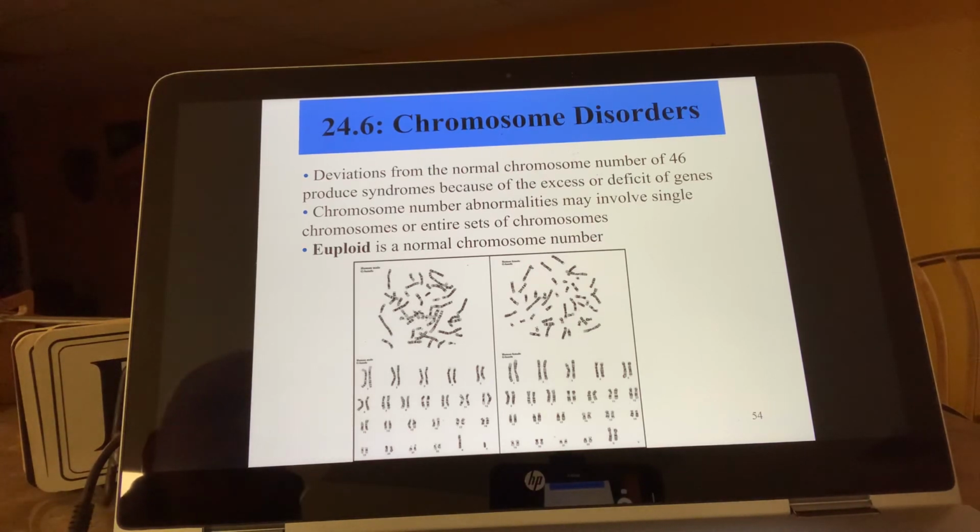We said that normally all of your cells, besides the sex cells, have a total of 46 chromosomes. But we said we actually think of that as 23 pairs of homologous chromosomes. And more specifically, that's 23 pairs of autosomes and 1 pair of sex chromosomes: XX if you're female, XY if you're male.